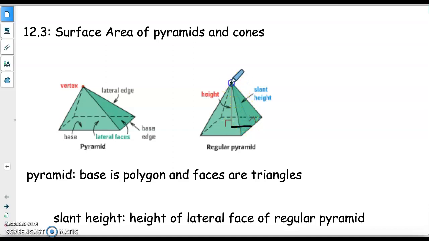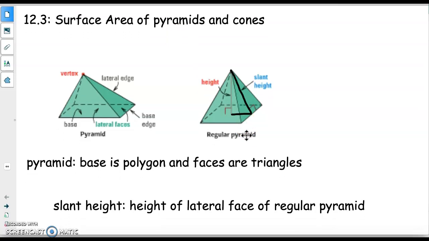There's the right angle right there at the bottom. And so we can use our right triangle relationships to talk about the relationship between the slant height and the height if we know the distance from one side of the pyramid to the other. And we'll talk a little bit more about that in a minute.